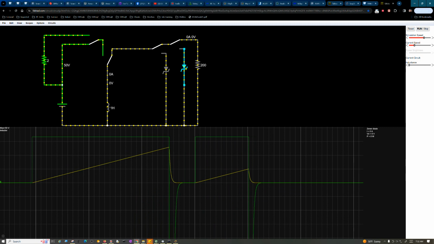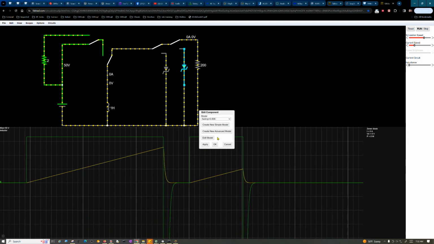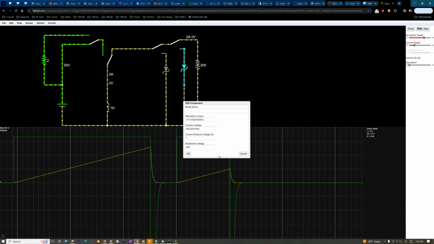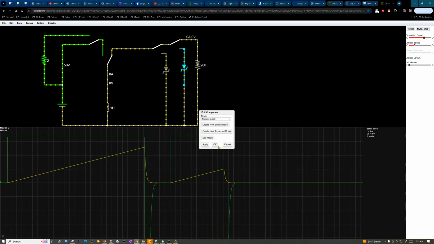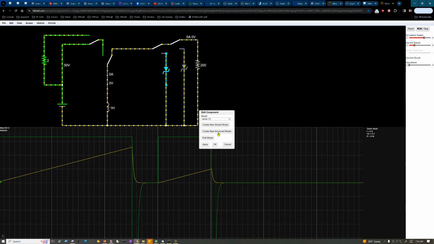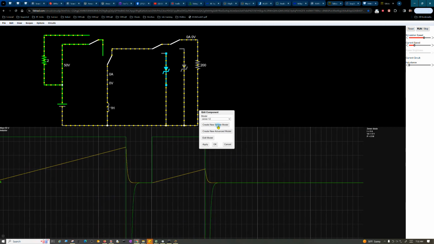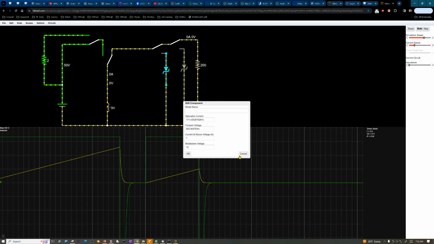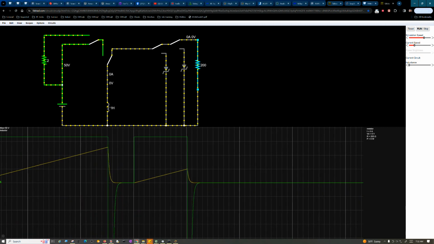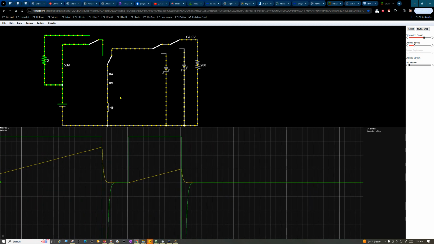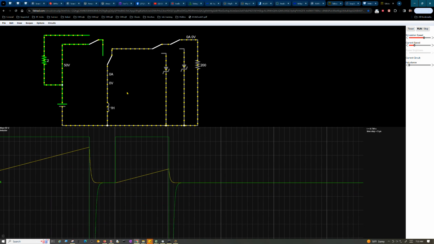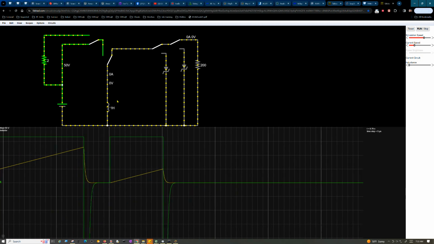Now, this right here is a 200 volt and a 12 volt Zener diode, and I don't really care about how everything's ideal on here. Just try to look at some of the ideal properties of inductors, really.